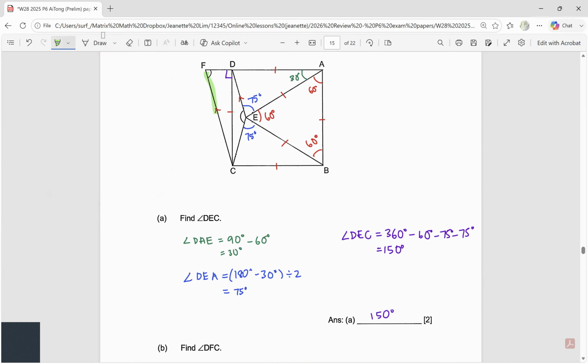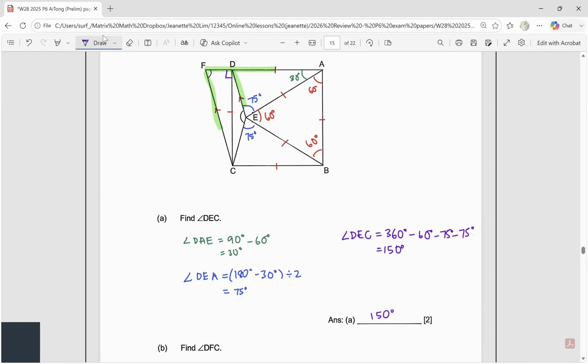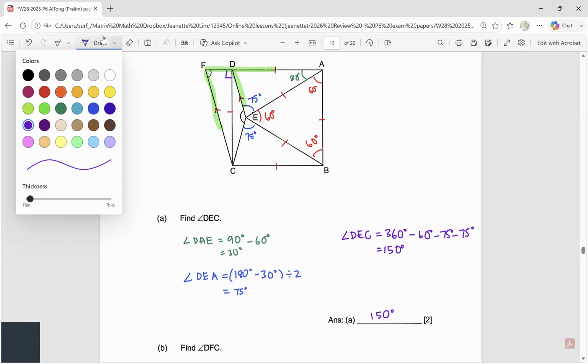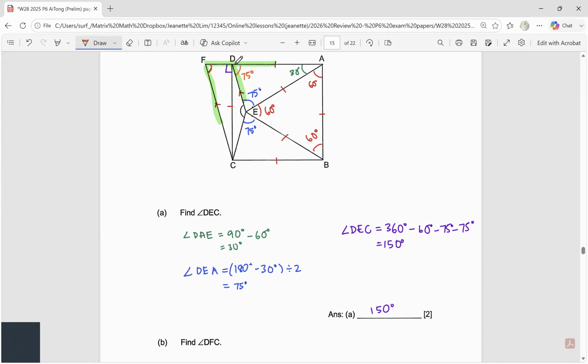Using parallel line term, then you have a line cutting through. This means that this angle here is the same as this one. Okay, and that is 75. So ADE is 75. So DFC is also 75.